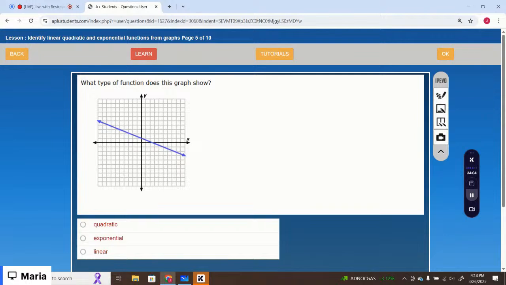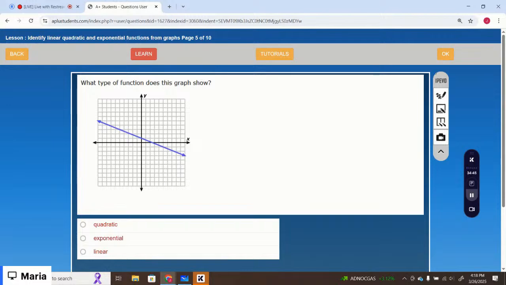What type of function does the graph show? That is a linear function.